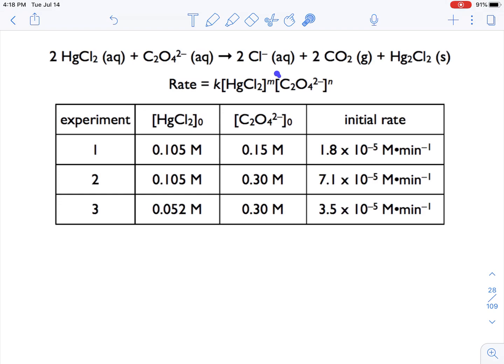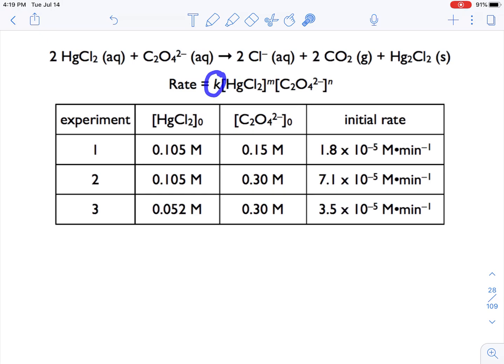For you to determine the order of reaction M and N, it must come from kinetic, experimental data.